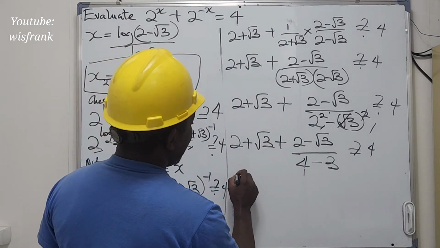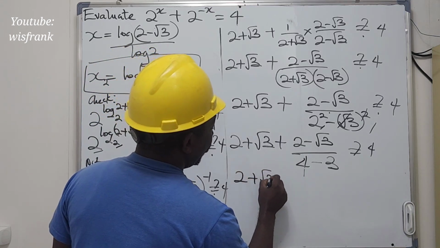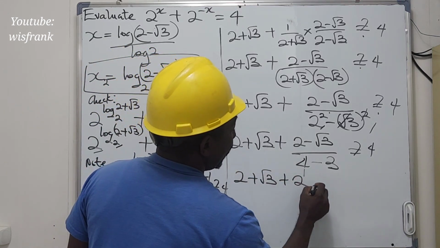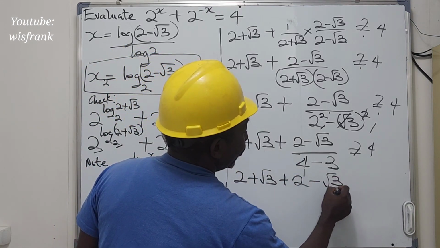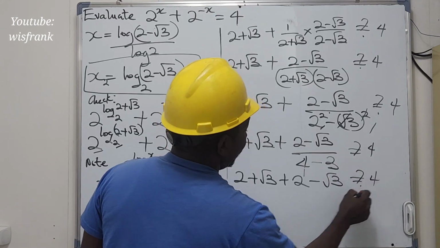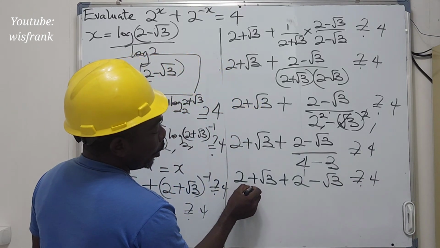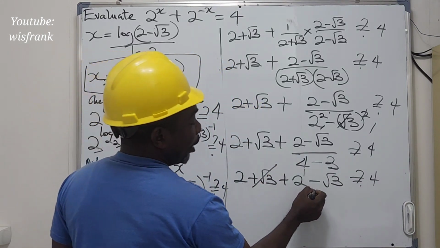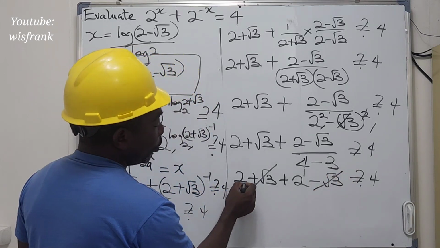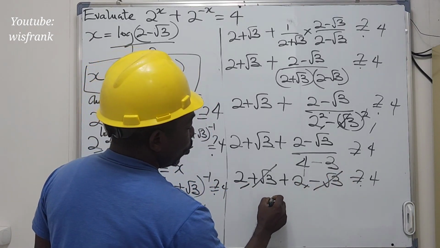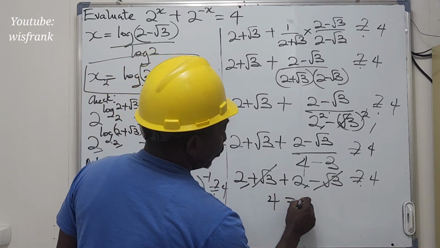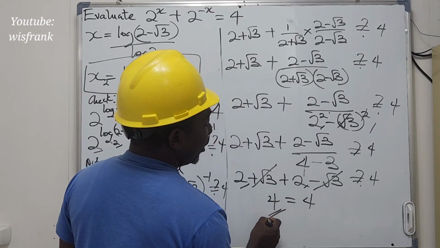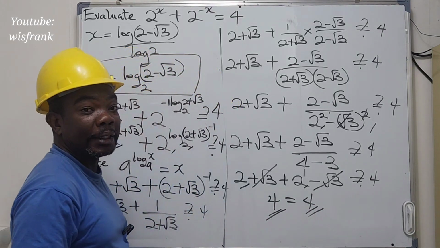So this is the same thing as 2 plus root 3 plus 2 minus root 3. Will this equal 4? You can see that we have plus root 3 here and minus root 3. They cancel each other. So we are now left with 2 plus 2, which is 4, equals 4. Therefore, what we have on the left-hand side is what we have on the right-hand side.